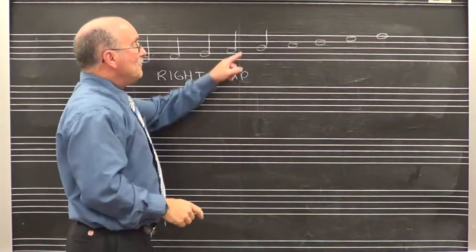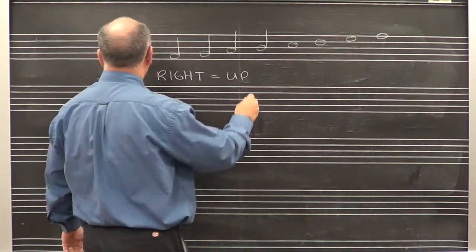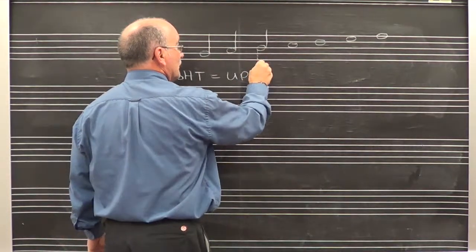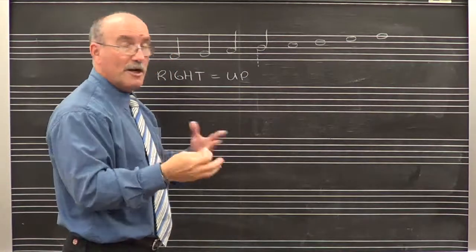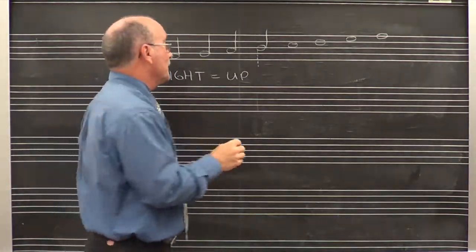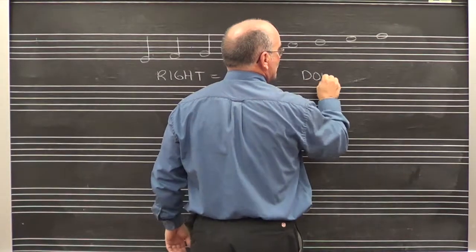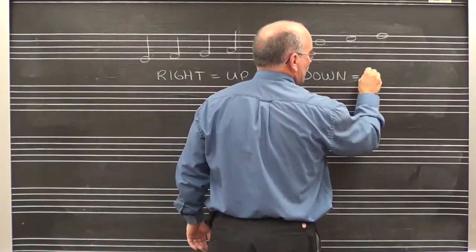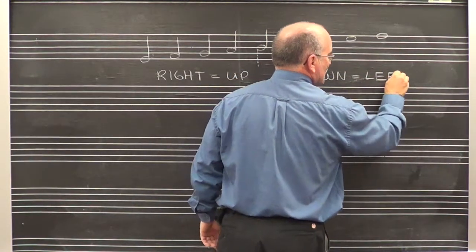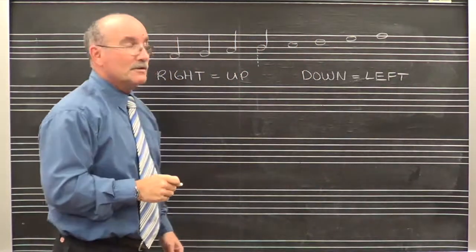Now, that middle line can go either way. It can go up or it can go down. That's your choice. You can draw it either way. But whenever you draw the stem down, then it must be on the left side of the note.